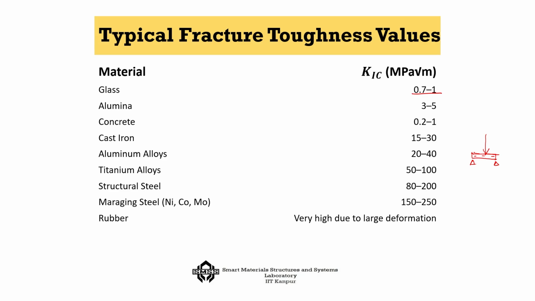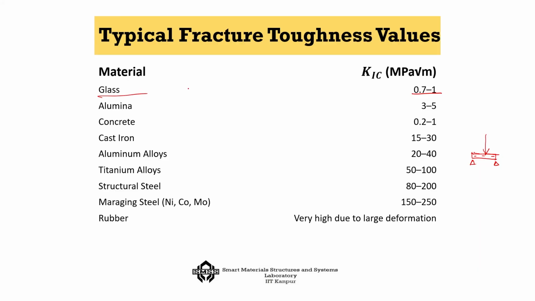Later on I will tell you that that is why in glass fibers used in composites, we apply something called sizing in order to improve fracture toughness. So, glass per se has one of the lowest fracture toughness. Alumina is also a ceramic. So, ceramics have very low fracture toughness, as you can see. Concrete is also quite low.